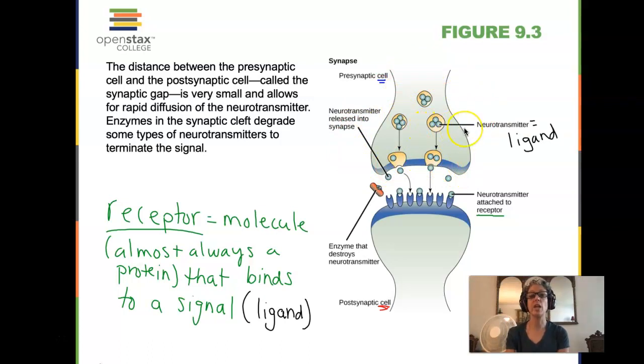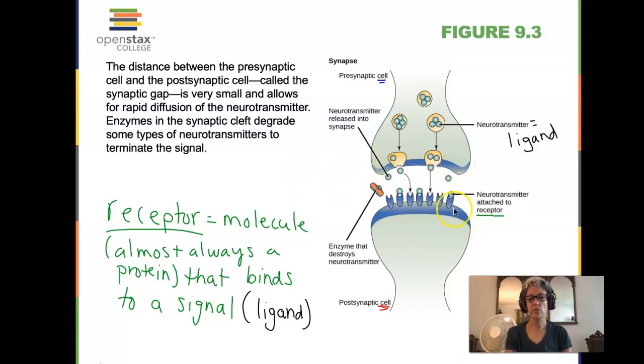In this case, a neurotransmitter, because neuro means a nervous tissue. It's a transmitter because it is sending the signal away from the originating cell. That is released into this space between the cells and is received by the postsynaptic cell.